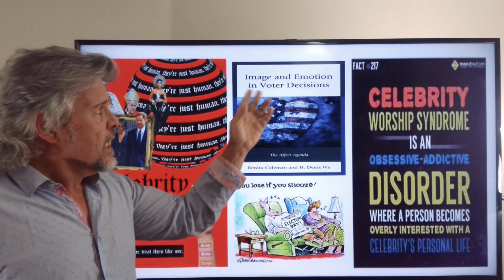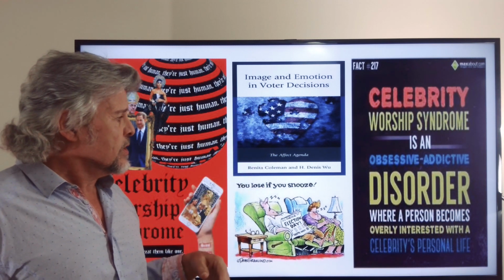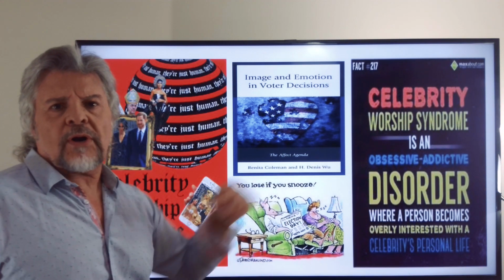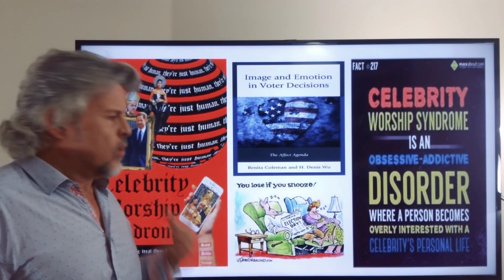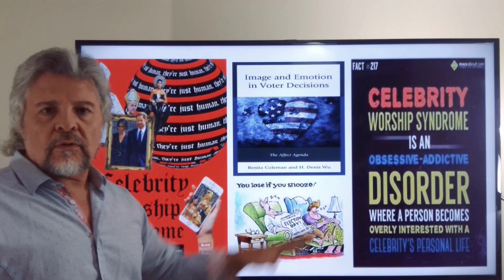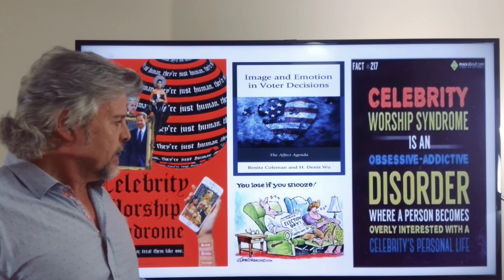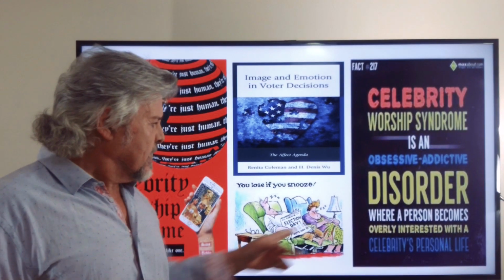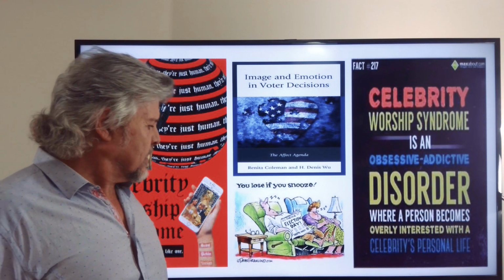All right? Image and emotion in voter decisions. Don't just be an emotional voter or just vote one party and one issue. You have to be informed and knowledgeable about the whole playing field, the whole arena. Okay? If you lose, you snooze. Election day. Here's fat-ass Americans lying on their recliners.